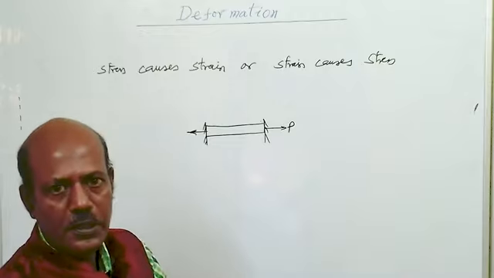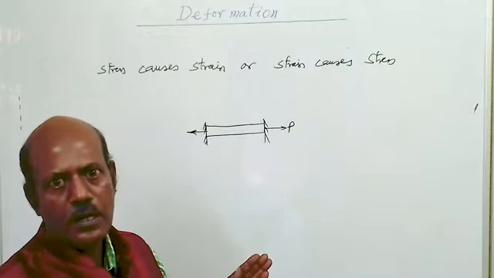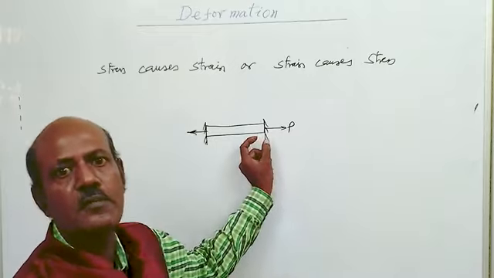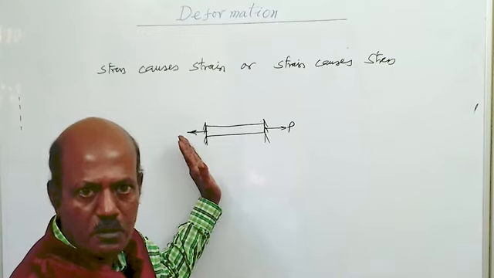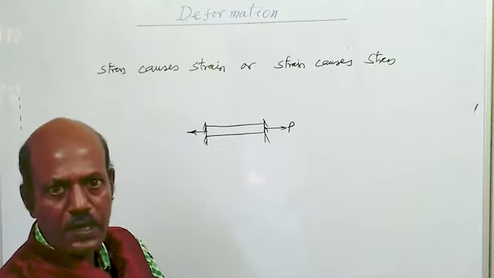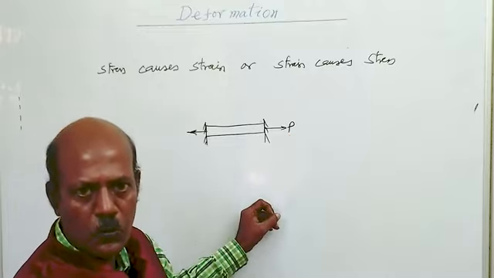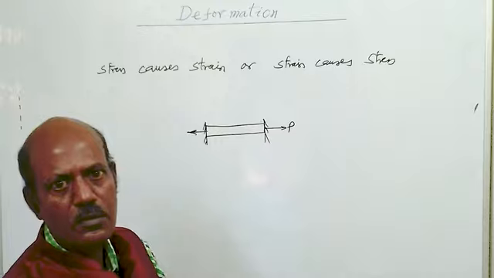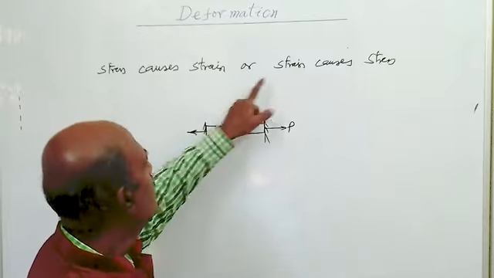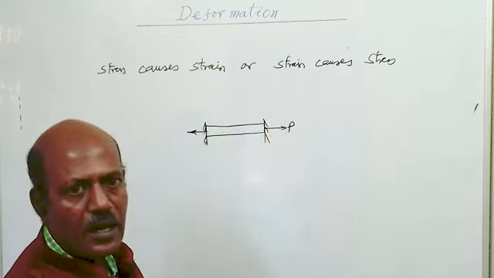Because of load P, if there is some deformation produced in the bar, then only that deformation will be resisted by the end support and stress will develop in the bar. If the deformation produced due to load P is 0, then stress will not develop in the bar. So that means the statement that strain causes stress is the correct answer.